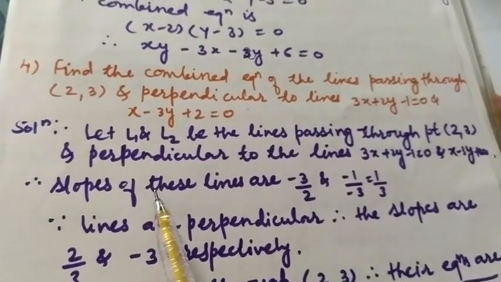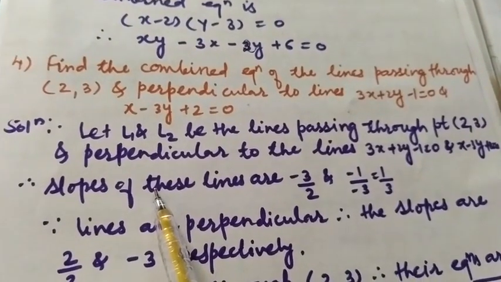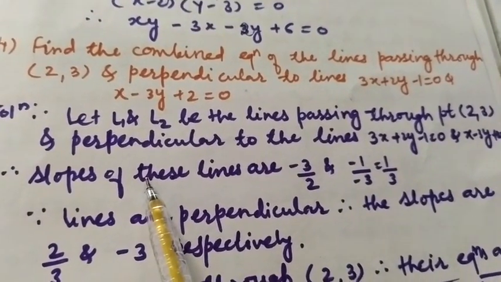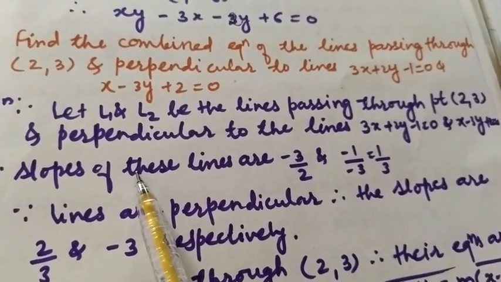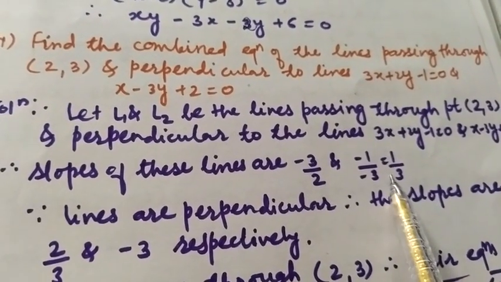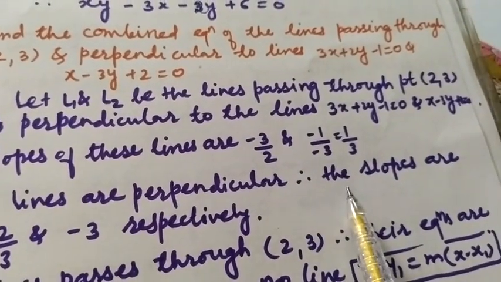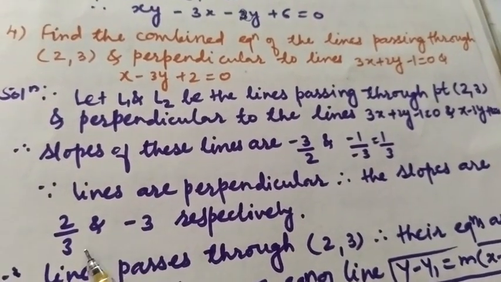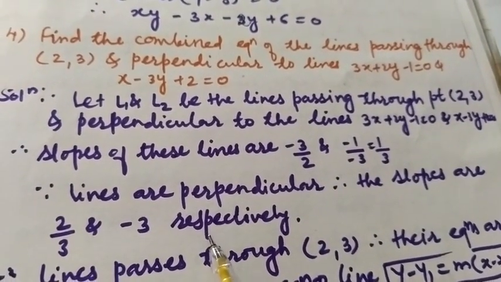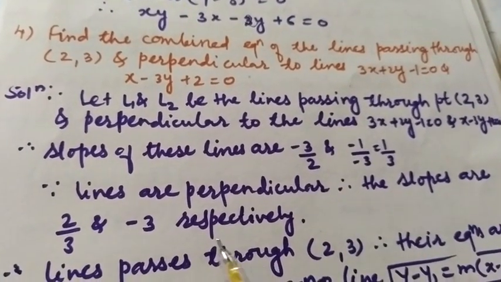Now find the slopes of these lines. They are given by -3/2 and -1/-3, which is simply 1/3. Since the lines are perpendicular, their slopes are the negative reciprocals: 2/3 and -3.